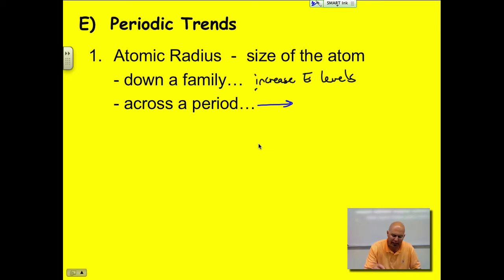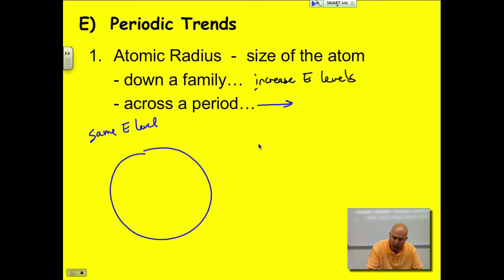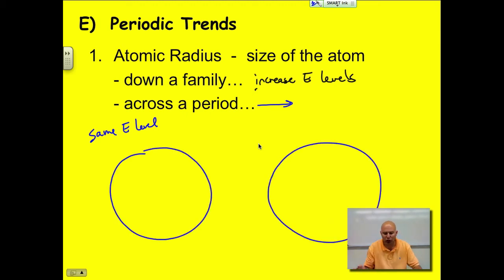Well, let's take a look at why. You have the same energy level as you go across a period. So here's one, I want to draw them the same. We have our nucleus in the middle on each of them. Let's say that one of them is sodium and this one is chlorine. They're in the same period.